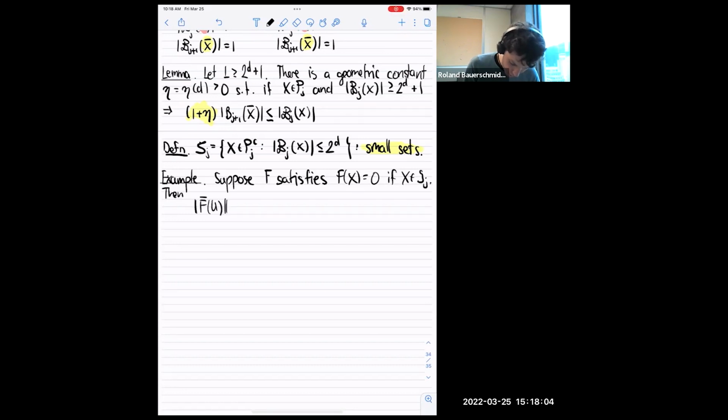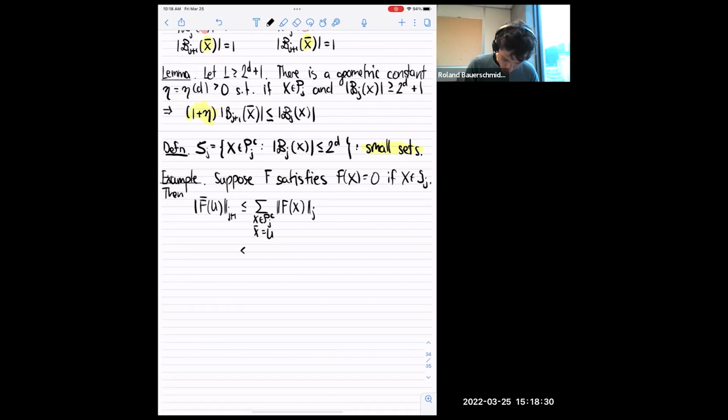So f bar u at scale j plus 1. It's well bounded, as in the previous example, by the sum over all connected polymers at scale j, whose closure is u. And then we take f of x, j norm.